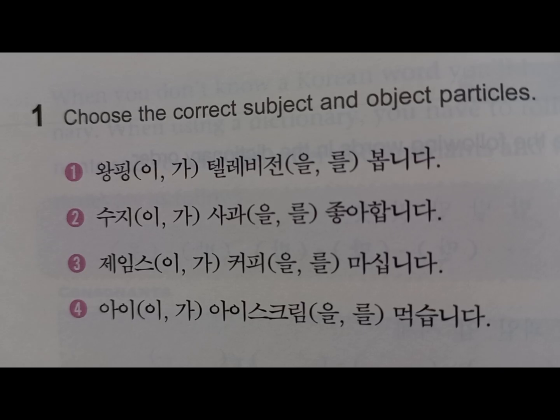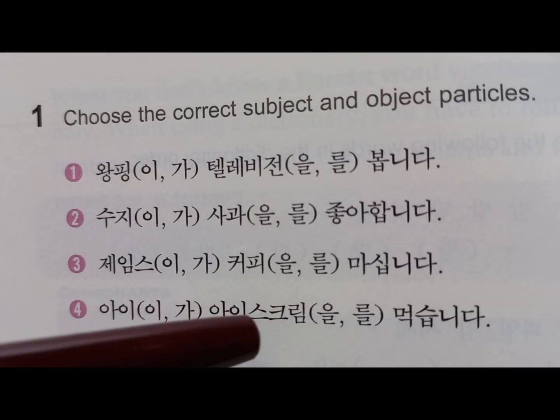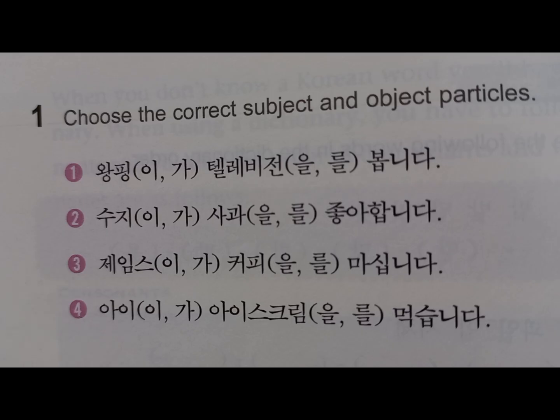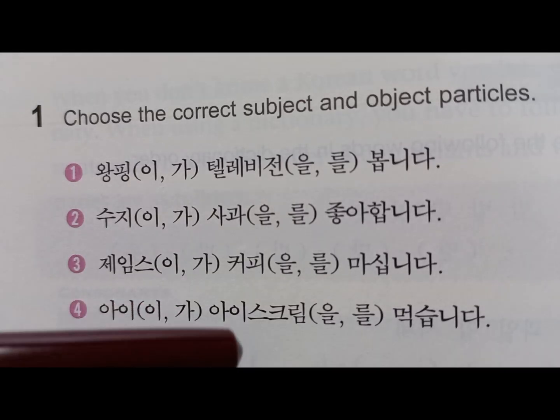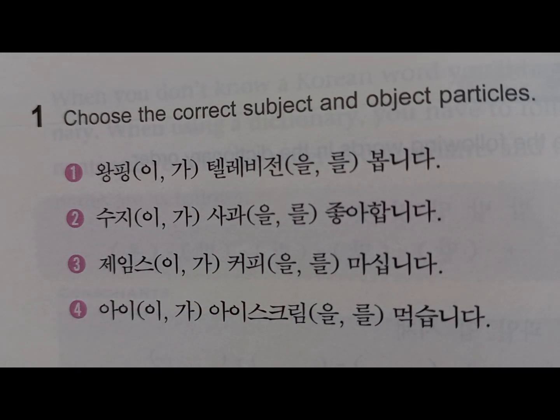So 수지 likes apples. 제임스가 커피를 마십니다. James drinks coffee. 아이가 아이스크림을 먹습니다. So the child eats ice cream.